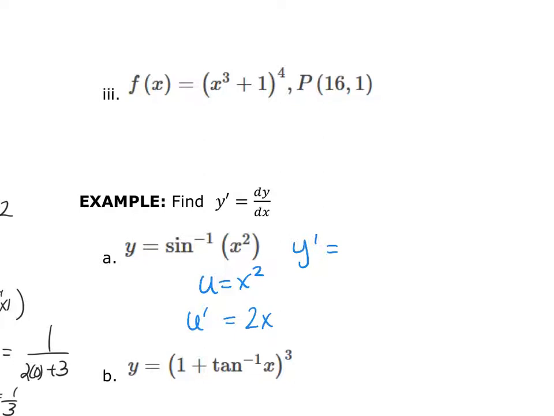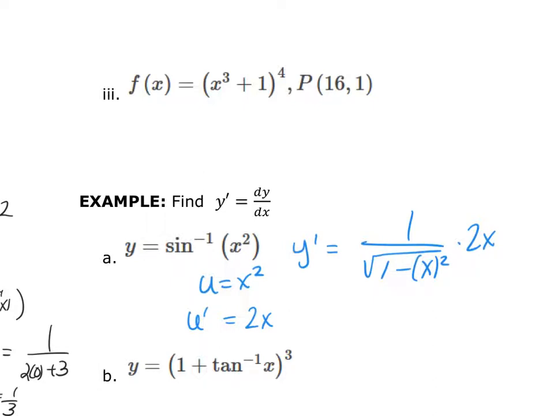It's 1 over the square root of 1 minus u squared. So 1 minus, and then what is my u again? x squared. So it's 1 minus x squared, squared, multiplied by the derivative of u, which is 2x. Oh, yeah, I need a squared on there.